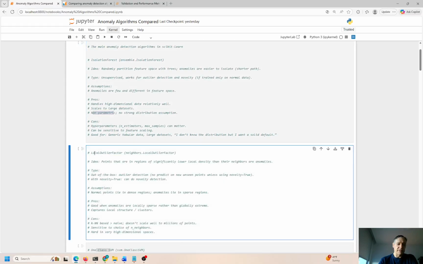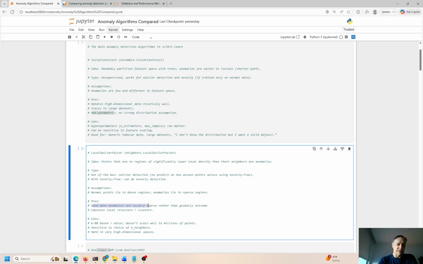So the second one I'm looking at is local outlier factor. The idea here is that points are in regions of significant lower local density. This is an outlier detection algorithm that I guess says novelty equals true. We'll see an example of that in just a minute here. The assumptions are normal points lie in dense regions.